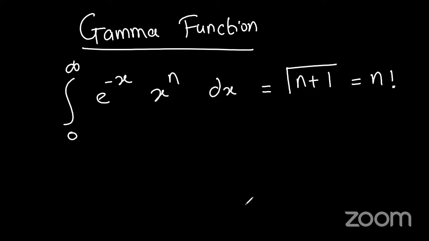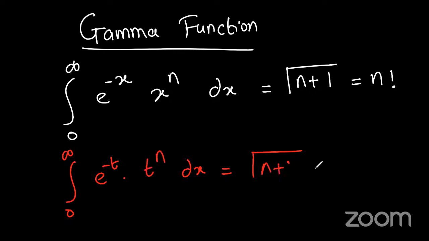Sometimes there is a t instead of x. So the formula is 0 to infinity e raised to minus t, t raised to n dt, that is equal to gamma of n plus 1. The answer is same. Only the x is replaced by t. Both are same. Variable does not matter.